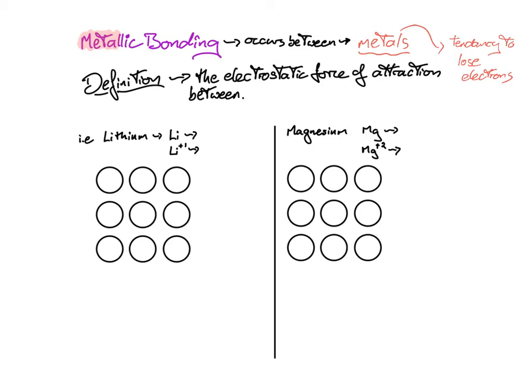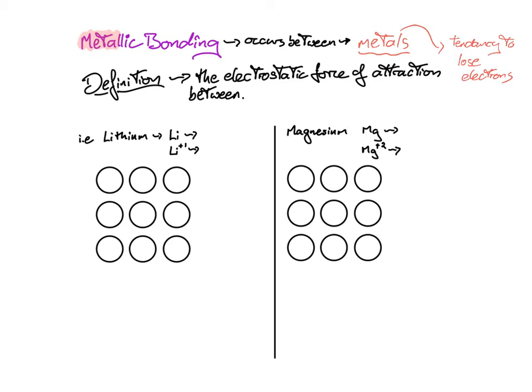Well, I've always taught it like this. The metals pretty much cheat. What they do is they have their outer shell electron and they lose it. But it can't go all that far away, so it ends up being what we call delocalized. And as you'll see in the diagrams below when we draw them in, you end up with what we call a sea of delocalized electrons.